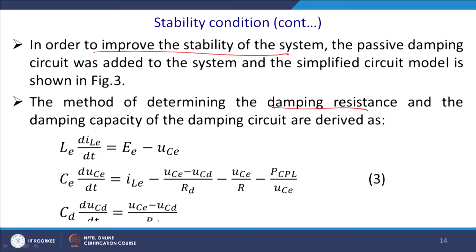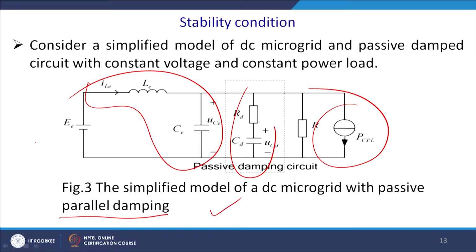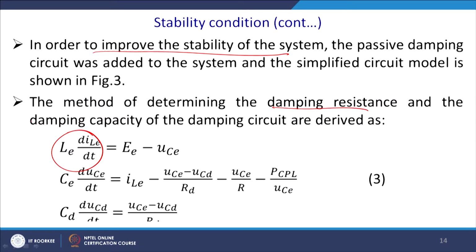L di/dt is the voltage across this inductor. Please refer to this figure, this element before the filter, we say it is the source Ec. So, you write this equation: L di/dt equal to Ec minus the voltage across the capacitor, that is Uc.